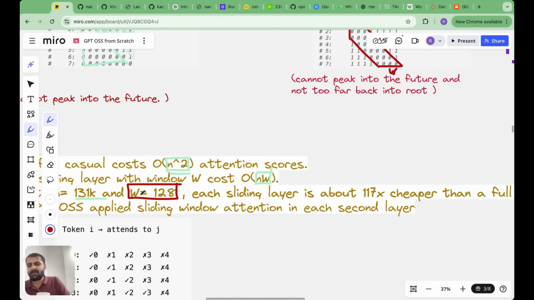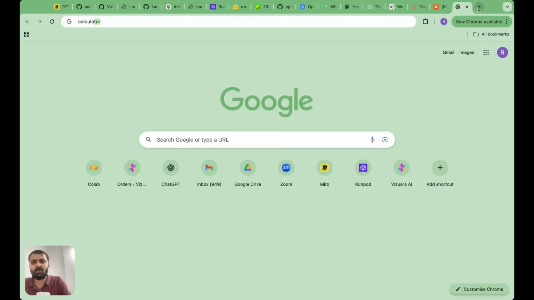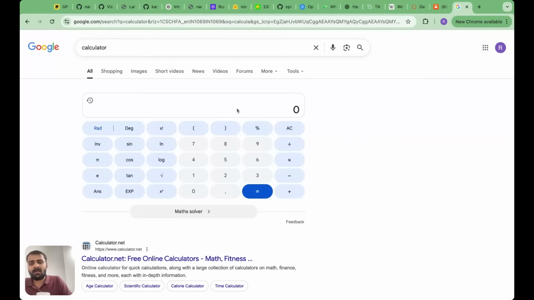Now let's see how much computation this reduces for us, right? So if I go to a calculator right now, earlier this was 131,000 multiplied by 131,000 computations, right? Now instead it will be 131,000 multiplied by w, which is 128. So let me do a ratio.